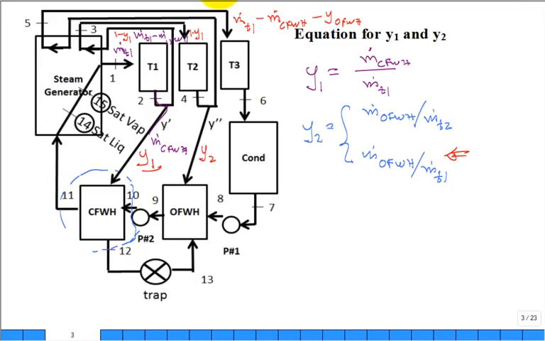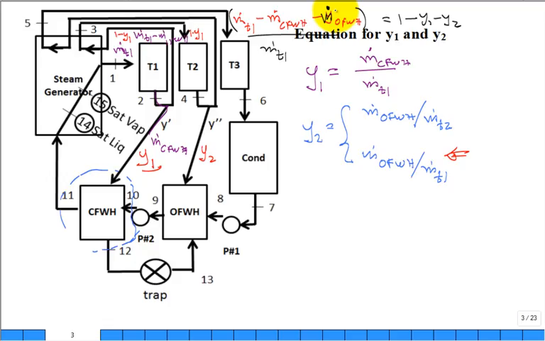And if I took that mass flow rate and divided by the mass flow rate through the first turbine, it would be 1 minus Y1 minus Y2. It's a real simple expression for the mass flow rate through the third turbine and through the condenser, etc. All right. What side of the equation should it be an m dot? Yeah, that's m dot. Thank you very much.